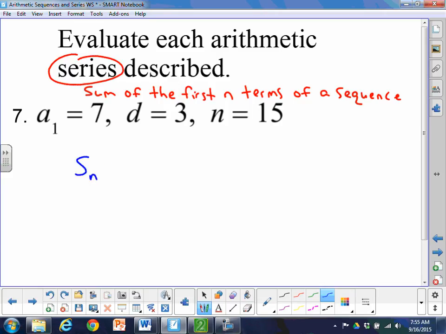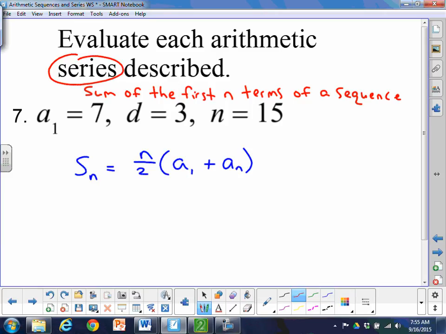The sum of the first n terms is always going to be n over 2 times a1 plus an. So basically the first term plus the last term. And then we need to times that by n over 2, because doing a list that way actually gives you twice the sum you're looking for. So we talked about that in class a little bit. So let's do that. So there's a couple ways to do this.